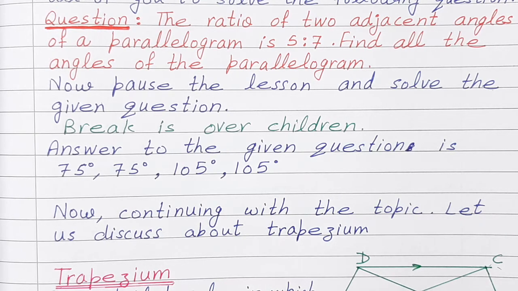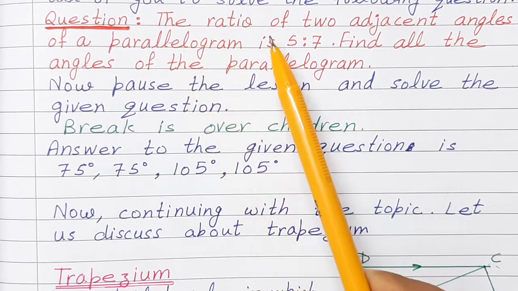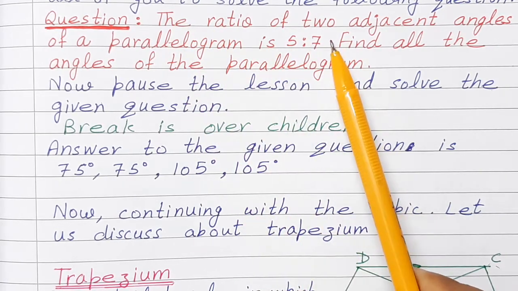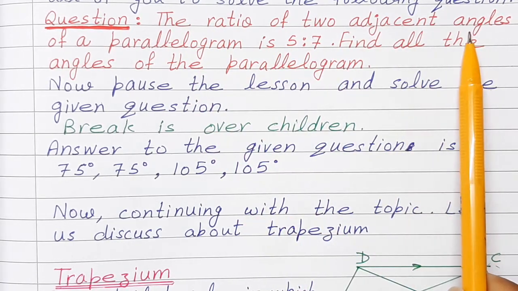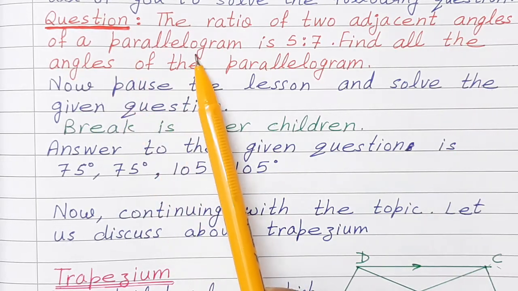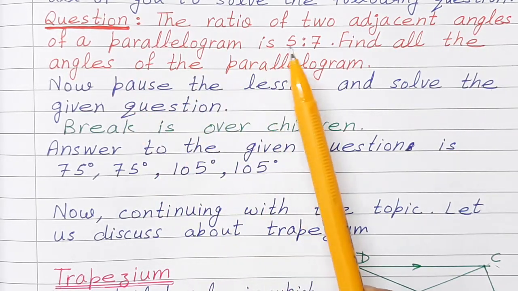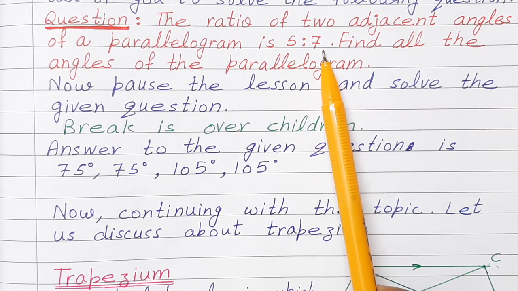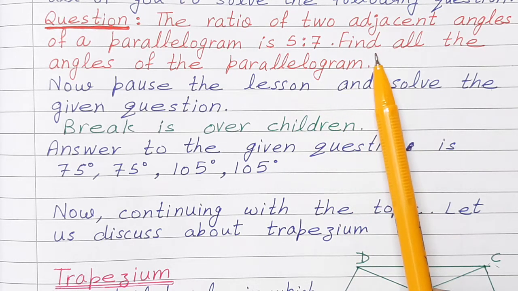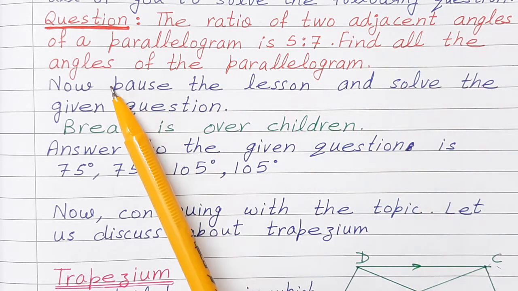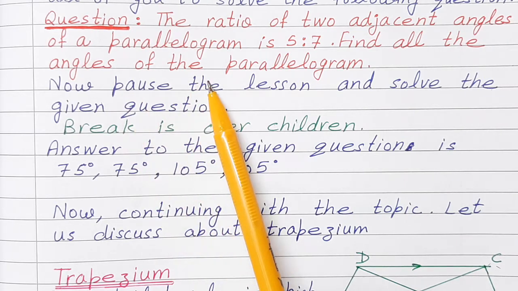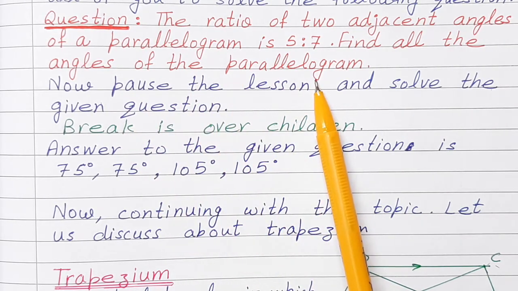The question here is: the ratio of two adjacent angles of a parallelogram is 5:7. Find all the angles of the parallelogram.